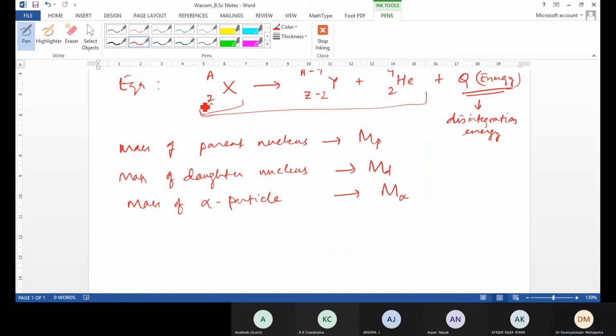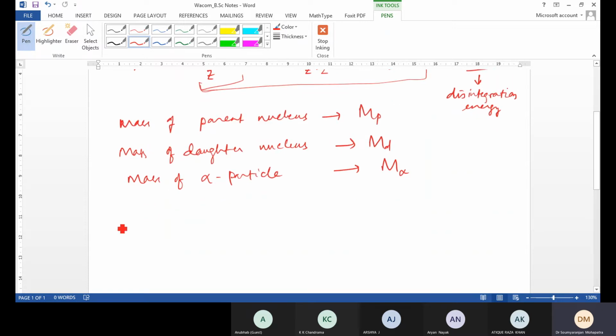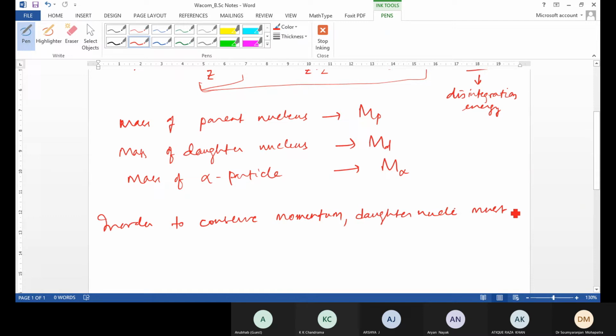Understood or not? So in order to conserve momentum, the daughter nuclei must recoil back with velocity, let's say Vd, where Md is the daughter nucleus mass.